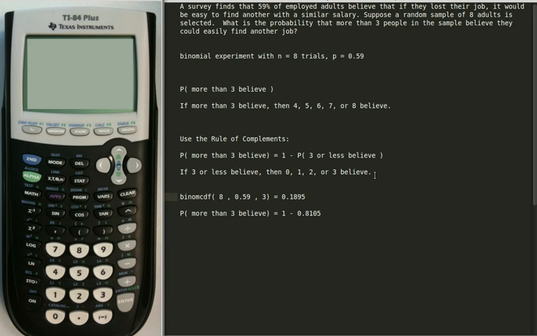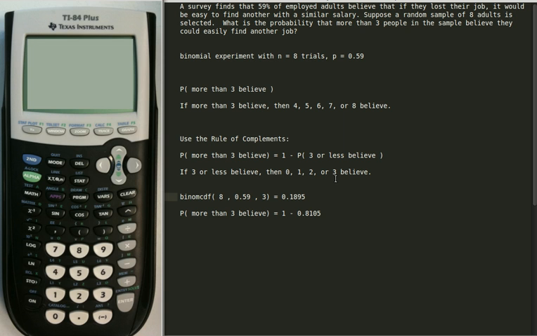Sometimes looking at the specific numbers will help you in these problems, because it can be a little awkward to rephrase things until you get used to doing it. Now that we've rephrased it, the benefit is that we can use the binomial CDF command. It is really good at calculating the probabilities from 0 to a certain point and then adding those together, which is exactly what we need to do in this case.